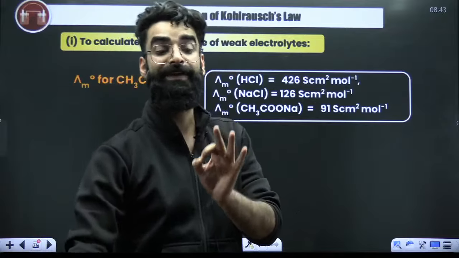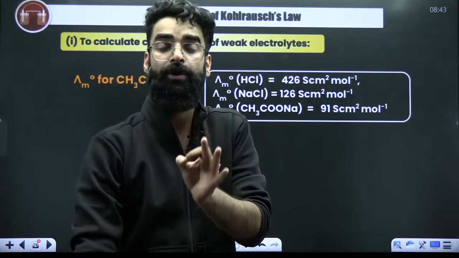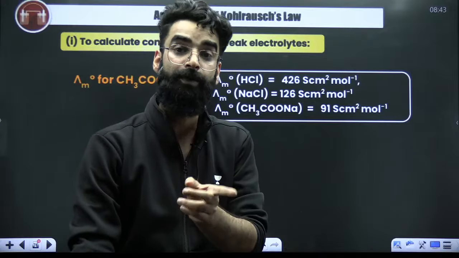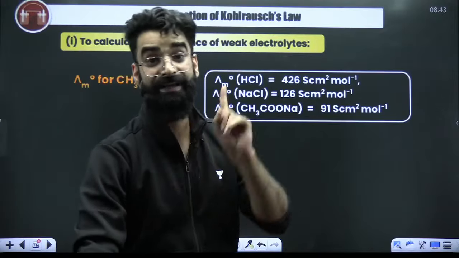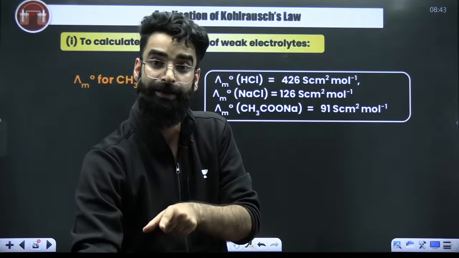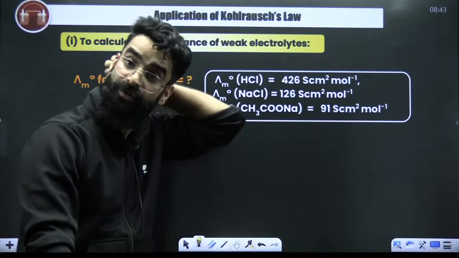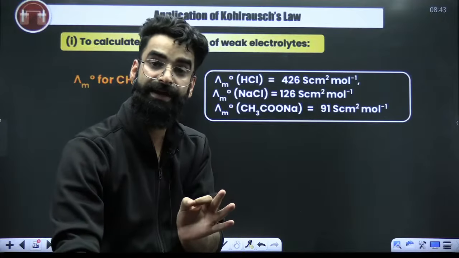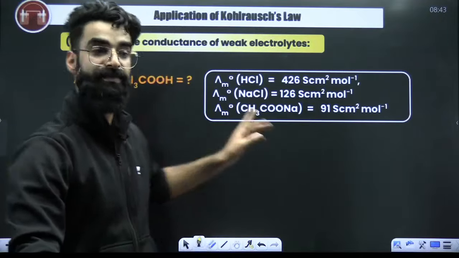That means it is used to calculate the molar conductivity of a weak electrolyte at infinite dilution. Because from the graph, we could not get the molar conductivity at infinite dilution of a weak electrolyte. So it is the Kohlrausch law which is going to give us the molar conductivity at infinite dilution of a weak electrolyte. This is the first application.